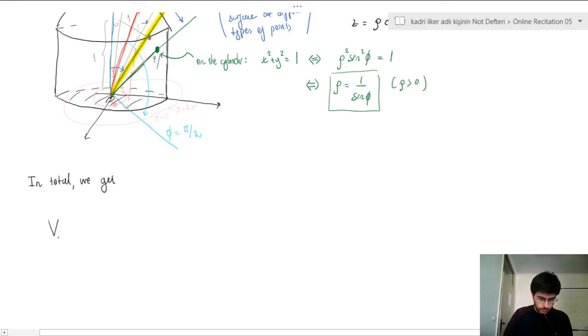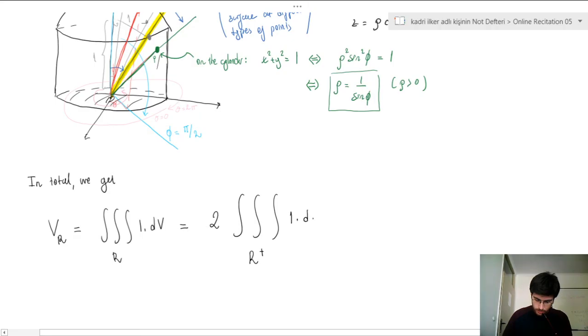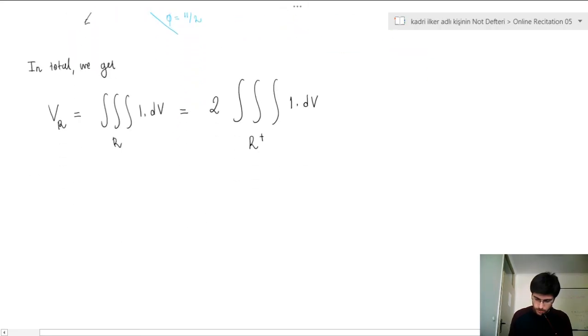We were trying to understand the volume of R, but remember, this is just 1 times dV. But what we observe is that, using the symmetry, we just want to compute half of it, the upper part, right? 1 times dV. Remember.